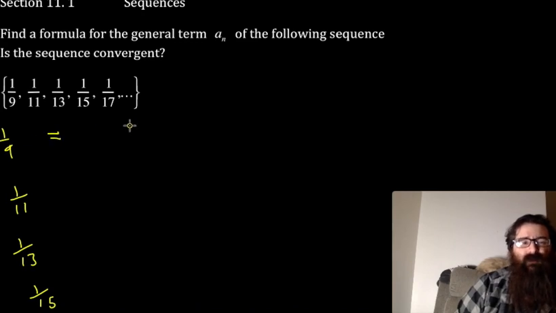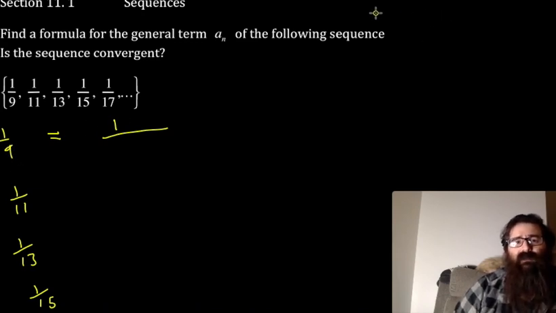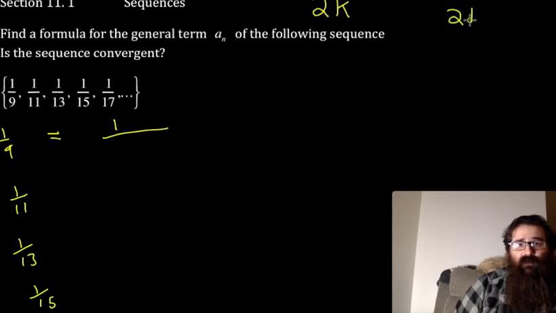So if I go here to this 1/9, I can say, okay, well, that's 1 on top divided by, how can I think of 9? And here we want to use the traditional definitions for even and odd numbers from a discrete mathematics course. We'd say in general, the even numbers are 2 times k, where k is any integer, and the odd numbers are just shifting this, that would be 2k plus 1.